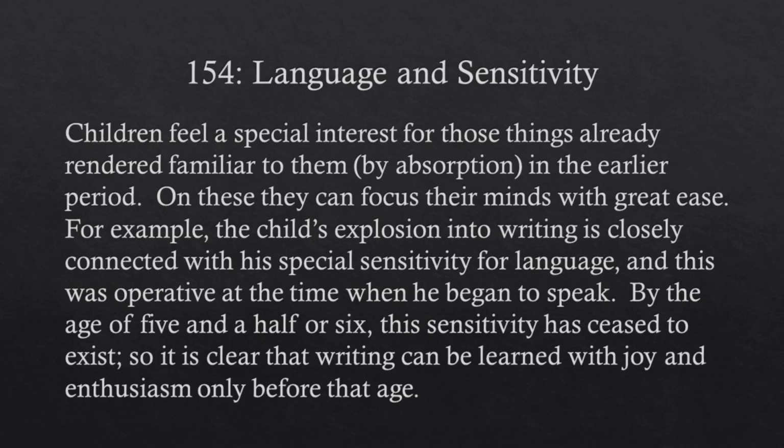For example, the child's explosion into writing is closely connected with his special sensitivity for language, and this was operative at the time when he began to speak. By the age of 5.5 or 6, this sensitivity has ceased to exist. So it is clear that writing can be learned with joy and enthusiasm only before that age.